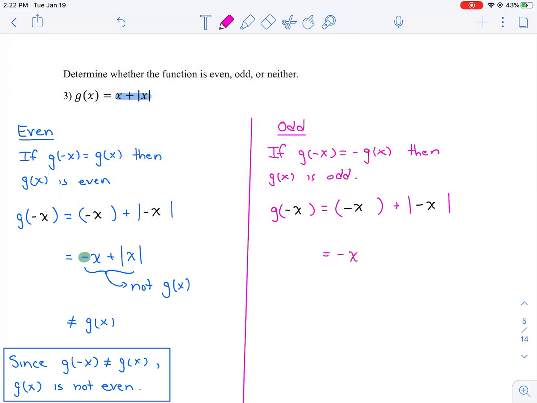So this again is negative x plus the absolute value of x. Now what I'm going to do is factor out a negative 1. So this becomes negative times x minus the absolute value of x. So this expression that I highlighted in green is definitely not g of x.